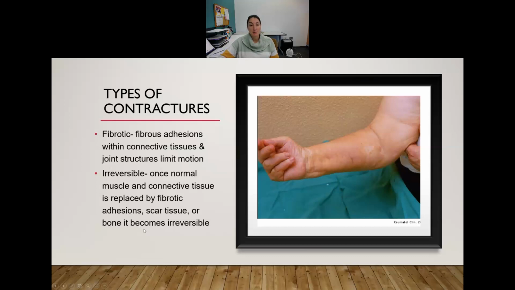So if a person's arm is stuck in a position for so long that the tissue components change and become a different type of tissue, a more non-contractile tissue versus muscle, which is a contractile tissue, then those changes are irreversible. They will have a contracture for life. There may be some surgeries that could reverse that, but other than surgery, that would be the only option.